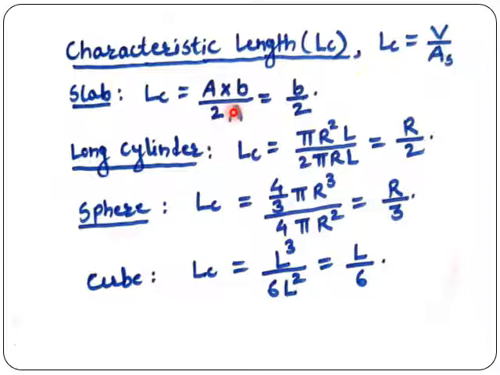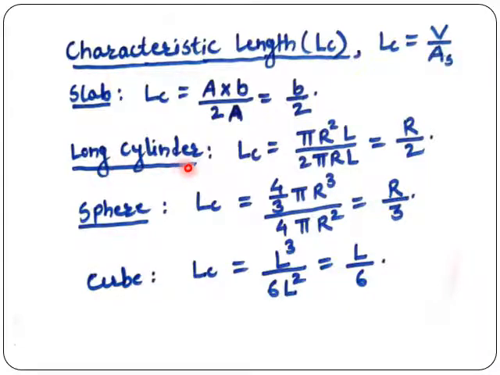So we consider only the cross section area on both sides, which is 2a. So the characteristic length for a slab becomes b by 2. That means if the total thickness of the slab is b, heat can flow in both directions, so Lc will be b by 2.